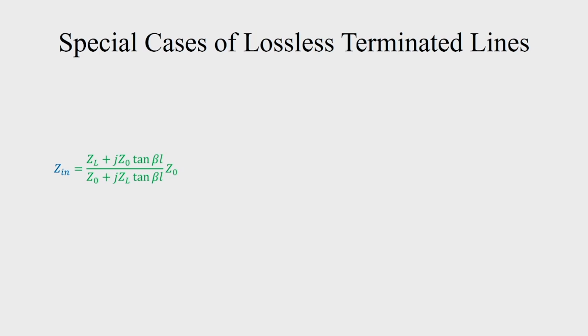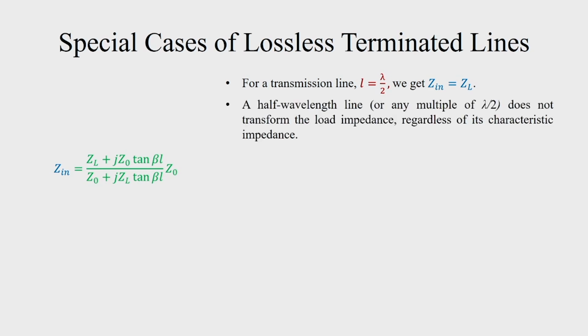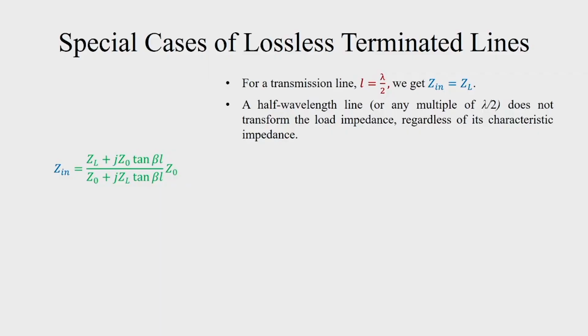Now, depending upon the location where the input impedance is observed, we find that if L is equal to lambda by 2, then Zin becomes equal to ZL, and a half wavelength line or any multiple of lambda by 2 does not transform the load impedance regardless of the characteristic impedance of the line.